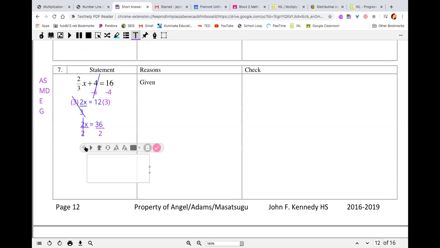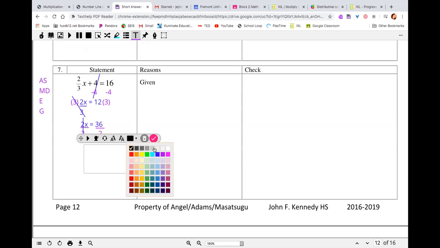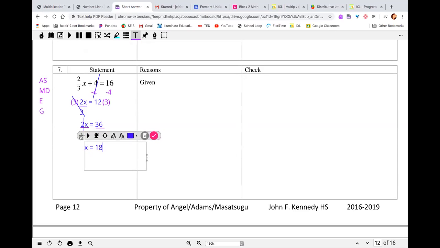Now I'm looking at x equals 18. So do I need to do anything else to this part of the problem? No, we have isolated the variable. Nice.